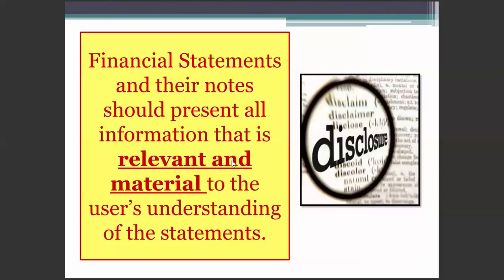Because if I do not disclose the proofs, then the trust and confidence that the things do exist will not be there. So in this regard, the disclosure convention says that everything mentioned in accounts, every fact mentioned in accounts, should have evidence, and that needs to be disclosed so the layman can understand.